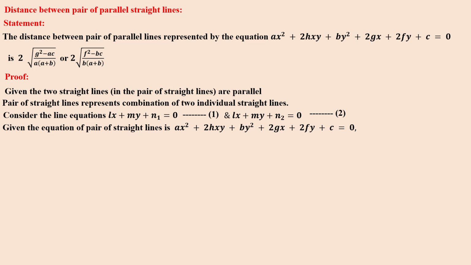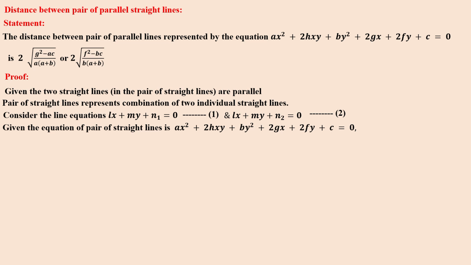If two straight lines are parallel, only the constant term differs, right? Because a by b is equal to a by b for both, the slope is the same. That is why Lx + My is in the first equation, and the second equation also has Lx + My.